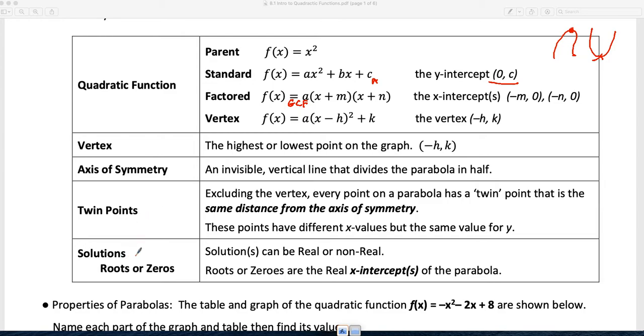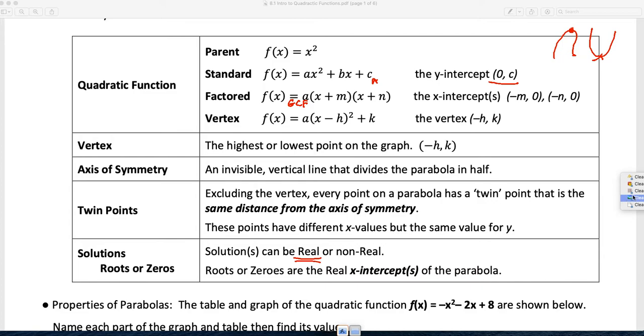So the solutions to a parabola can be real numbers or they can be non-real numbers. We're going to be concerned about the real numbers for algebra. We're going to leave non-real numbers for algebra 2. And solutions are often referred to as the roots or the zeros. And the roots or the zeros are called roots or zeros because they are the x-intercepts of the parabola.